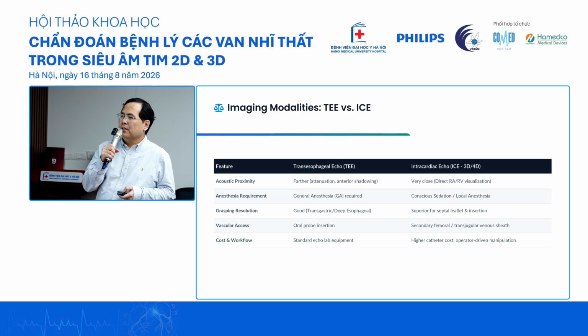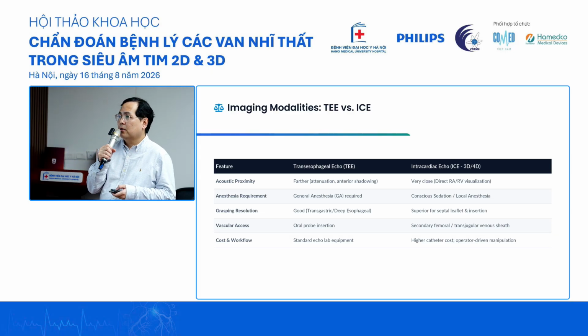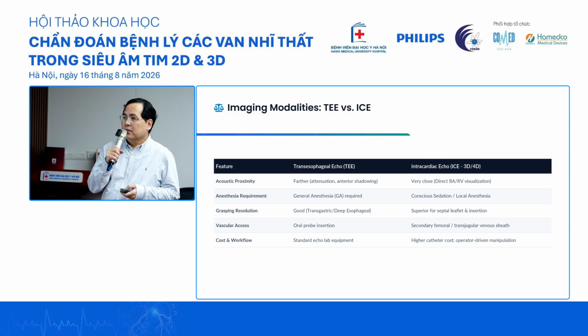So I want to just touch base a little bit because we started using ICE a few years ago, intracardiac echo, to complement or to overcome the limitation of transesophageal echo in terms of imaging of tricuspid valve. So these are the differences in terms of acoustic proximity, anesthesia requirement, resolution, vascular access, and then cost and workflow.